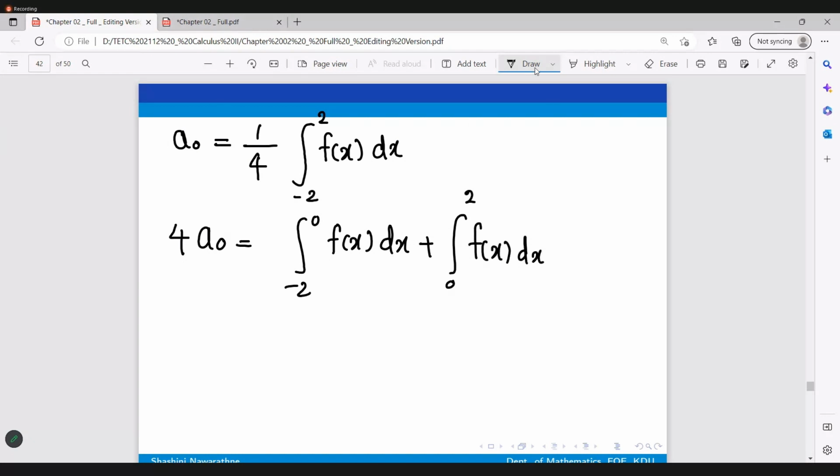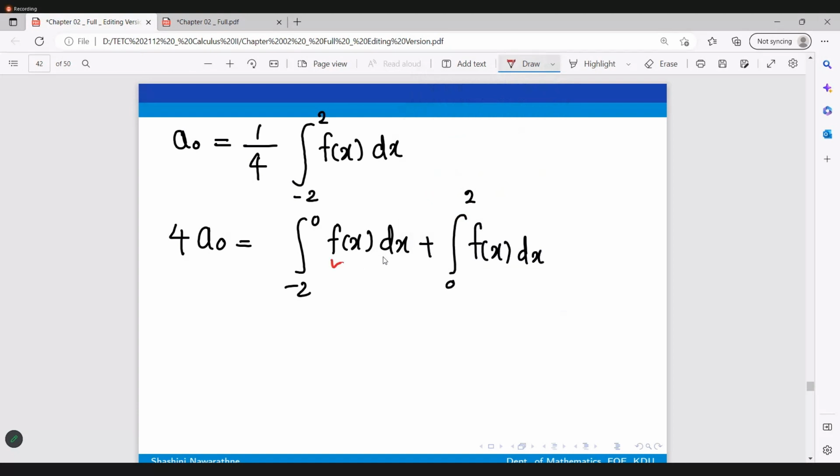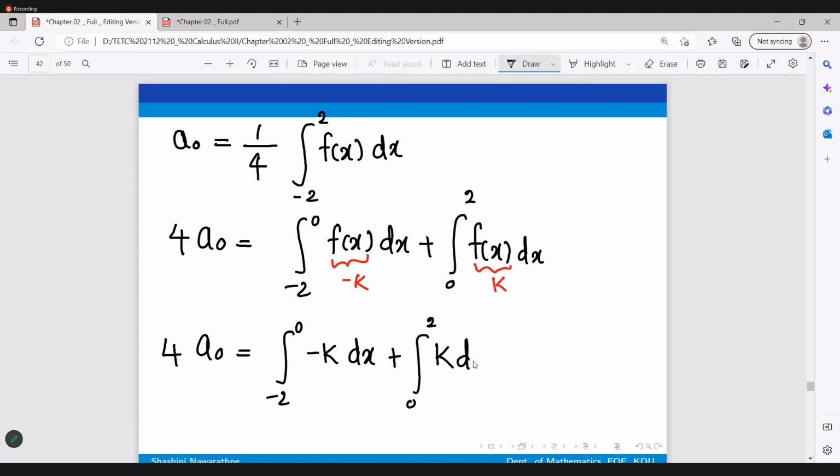Then from minus 2 to 0, how to define f of x? It's minus k. And from 0 to 2, it is k. Then we can write 4 times a naught is equal to the integral from minus 2 to 0 of minus k dx plus the integral from 0 to 2 of k dx.